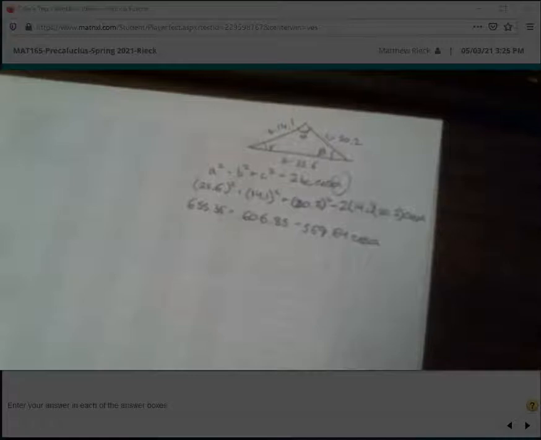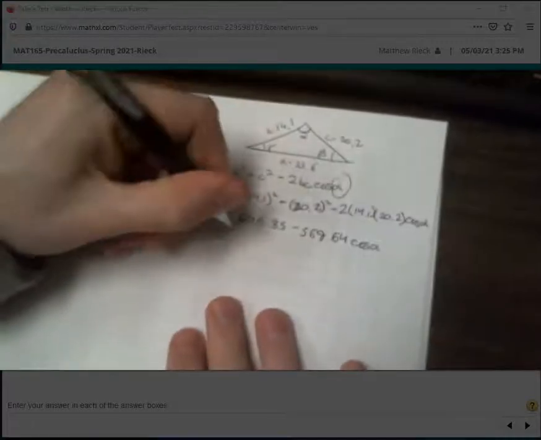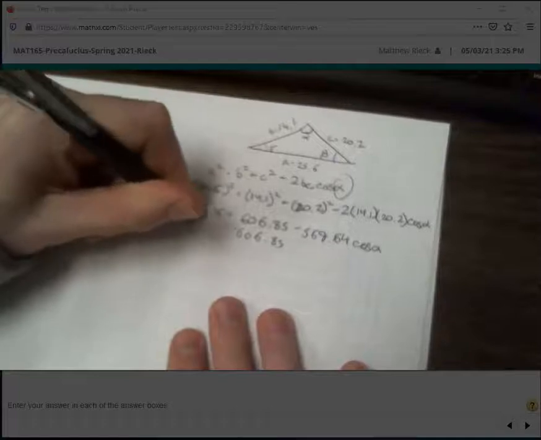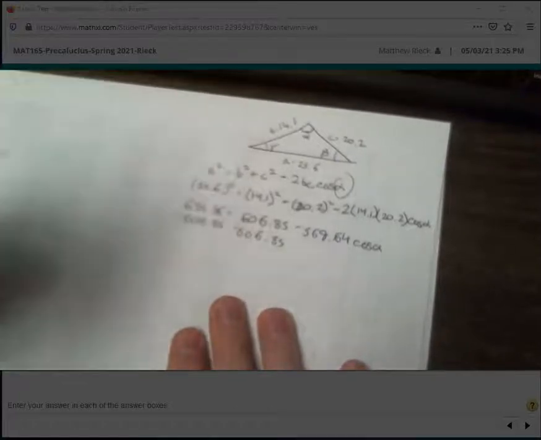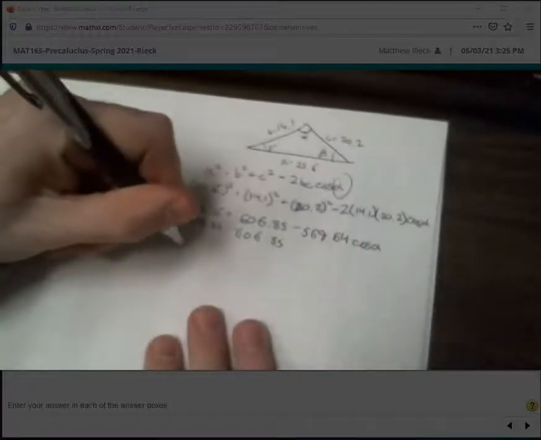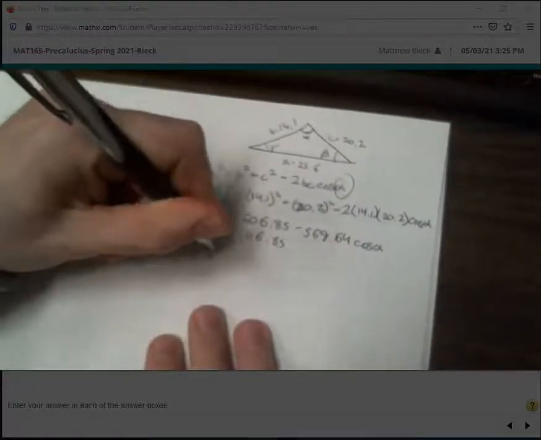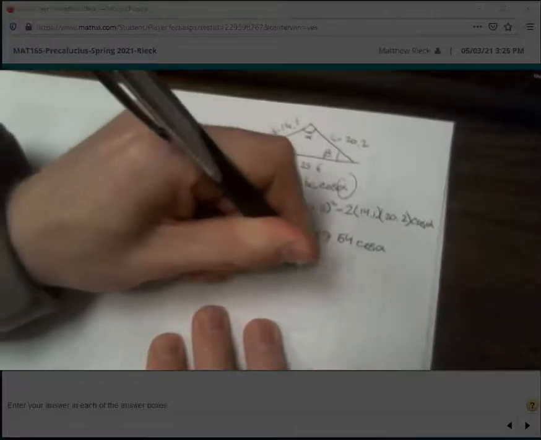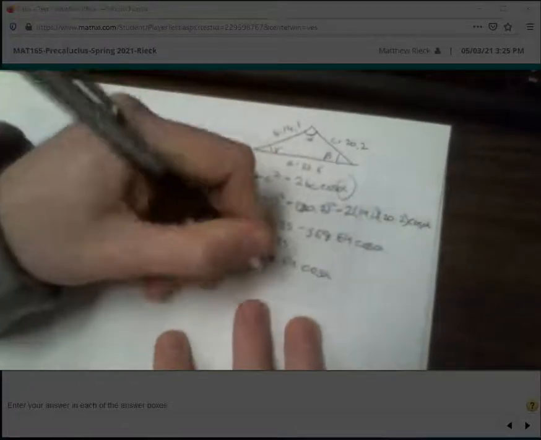All right. So you can subtract 606.85, so you have 655.36 minus 606.85. So you have 48.53 equals negative 569.64 cosine of alpha.